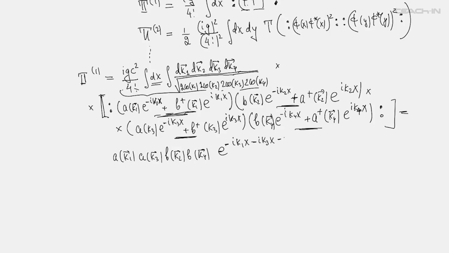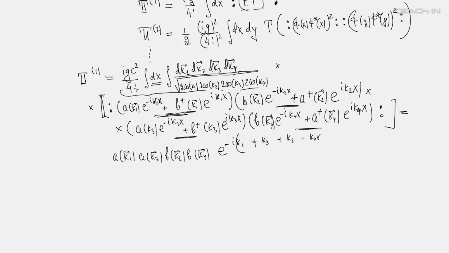And B on k4 will contain minus i k4x. So here you see x I can take out, and i we can also take out. So write this as minus i (k1 plus k3 plus k2 plus k4)x, and the bracket is closed.